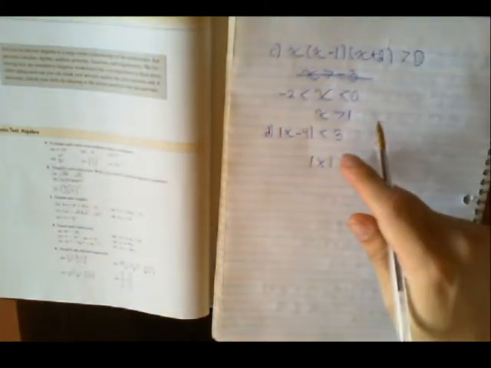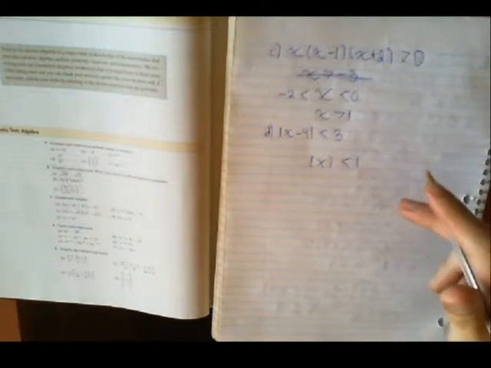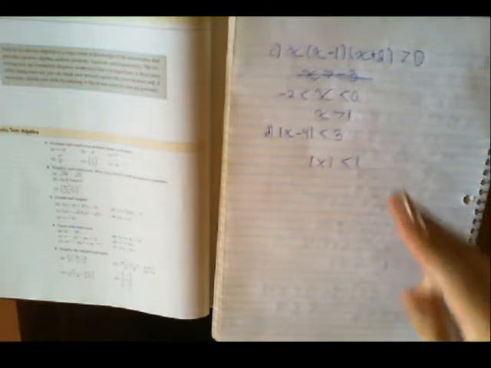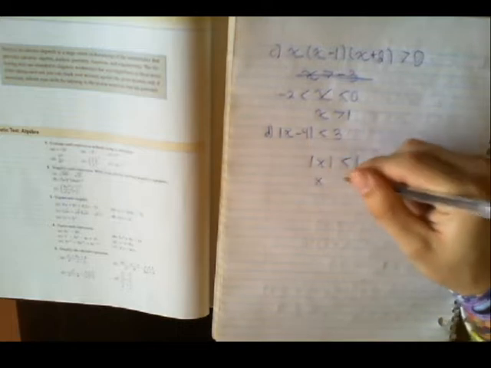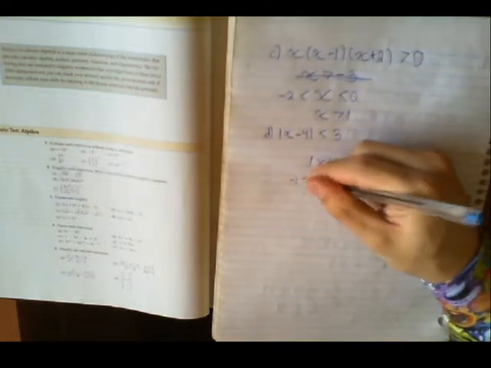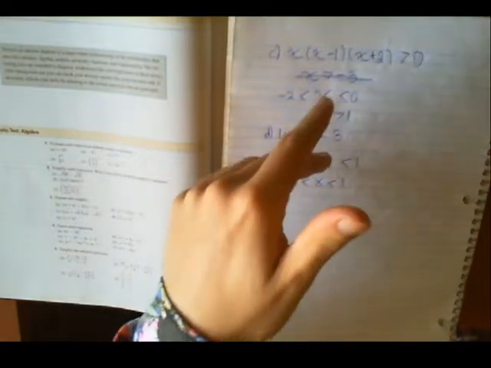It's pretty much saying x has to be between -1 and 1, because it's a less than. So you can just add a lower bound onto it, and that's how you convert that.